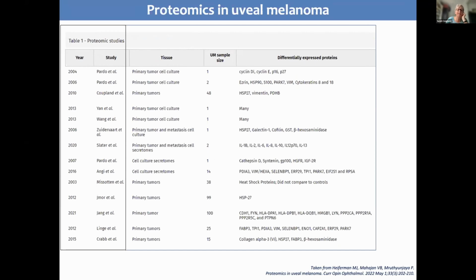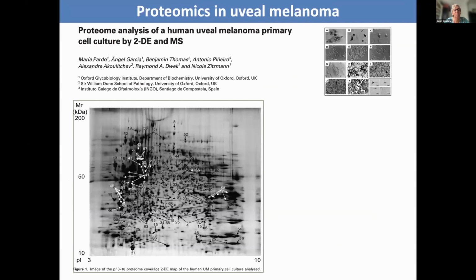So I think the pioneer in this area was Maria Pardo, who did whole proteomics on one single human uveal melanoma cell culture. And she found approximately 270 spots, which represented over 700 proteins.